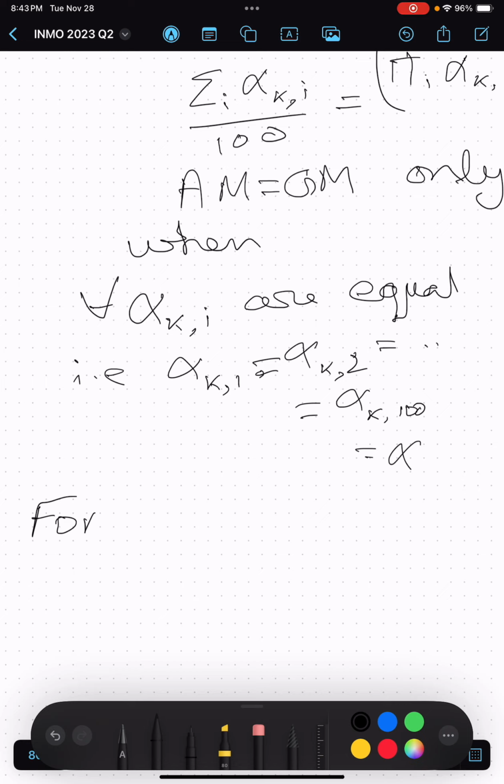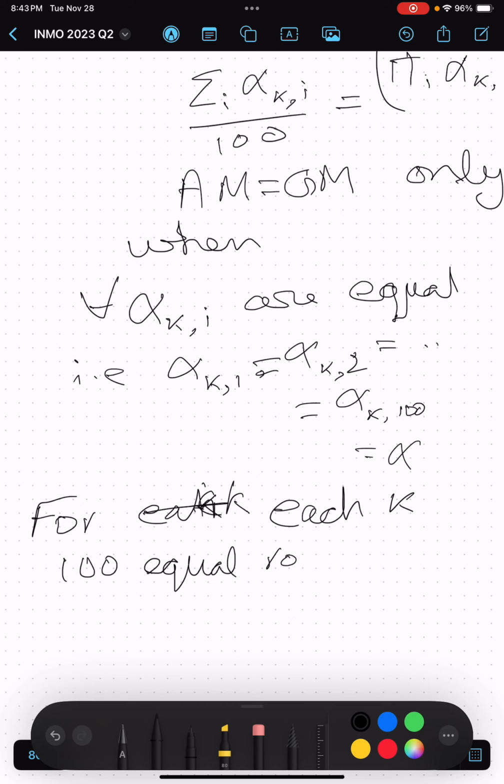So from here we get for each k, 100 equal roots, all alpha k.